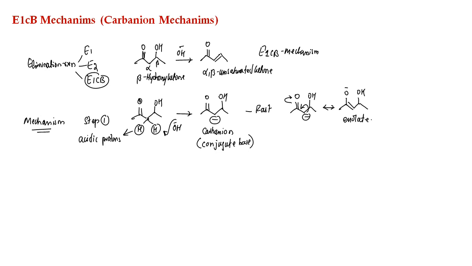In the second step, the enolate rearranges, expelling the hydroxyl group. And we get a new sort of compound which is known as an alpha beta unsaturated ketone after expelling the hydroxyl group.